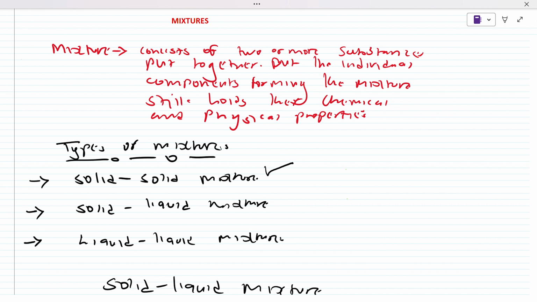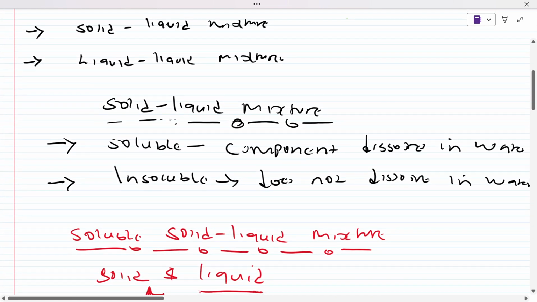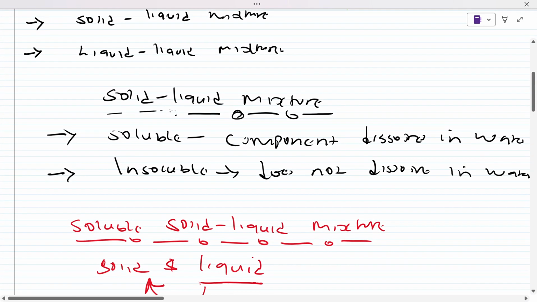I did a video on types of mixtures, and we've handled solid liquid mixtures. Under solid liquid mixtures we had two types: soluble and insoluble.